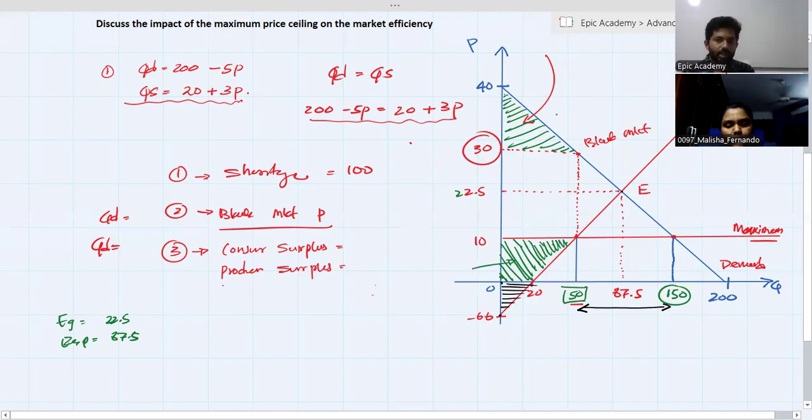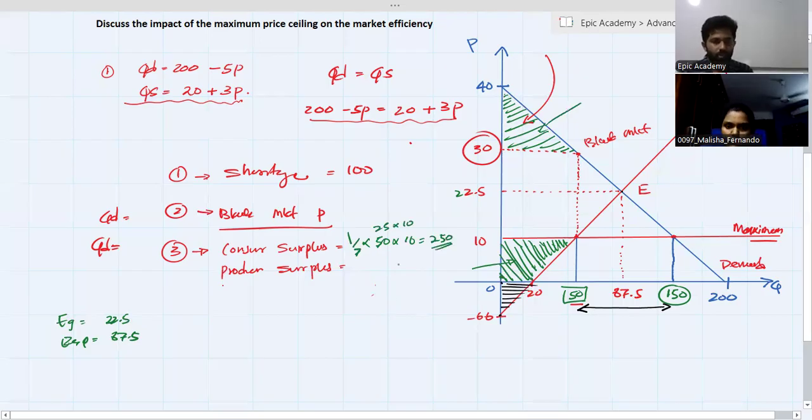Okay, so then calculate the values for this one and this one. So you already identified the values. Half into 50 multiplied by 10, I mean 25 multiplied by 10, 150.